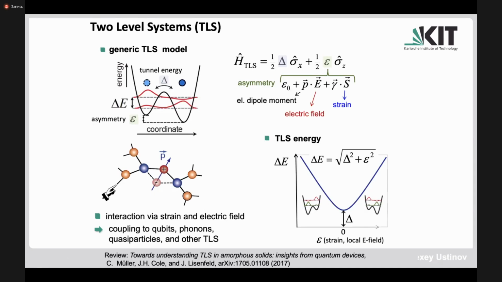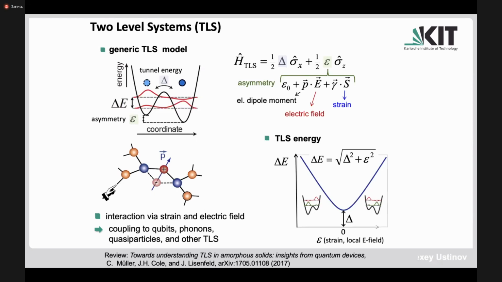But you could also contribute to this epsilon by applying either electric field or strain. So by applying strain to a mechanical dipole, you would change the energy states in the double well potential. And the same appears if you apply the electric field. So you basically can influence the asymmetry by applying external fields, in particular electric and strain fields.